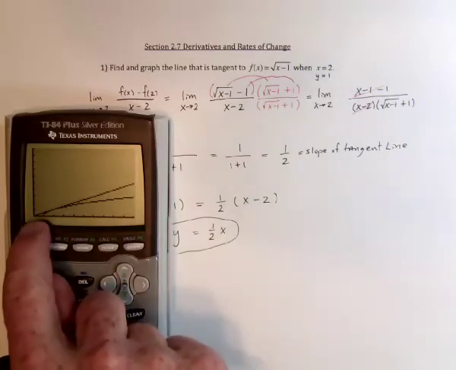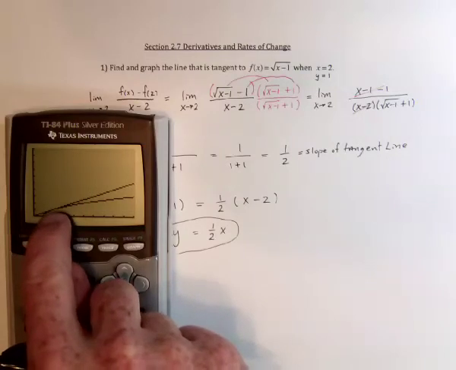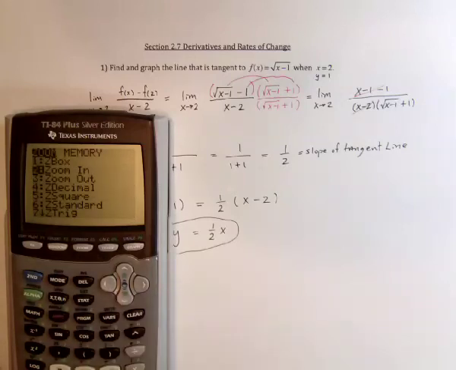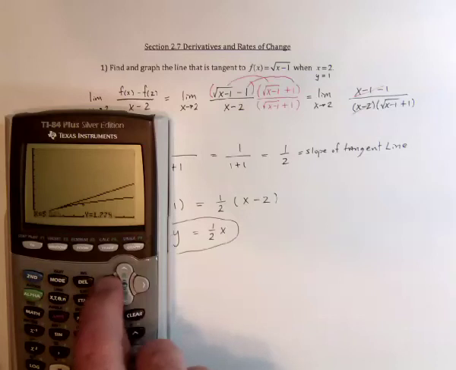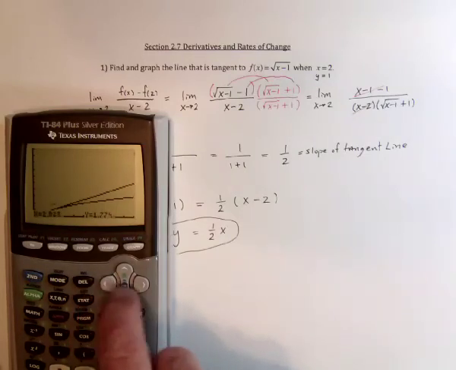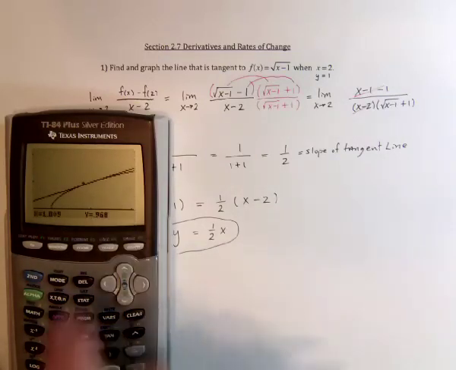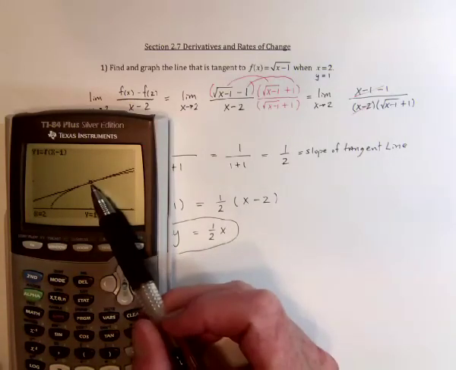So the line goes through 0, 0, it hits the graph at this one point, and then continues on its way. You can even zoom in a little bit in that area to see. There goes the graph, and then there goes the line, and if you zoom in at that point, that's the only place where the two are touching.